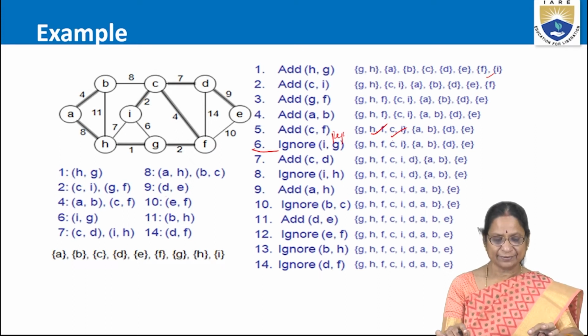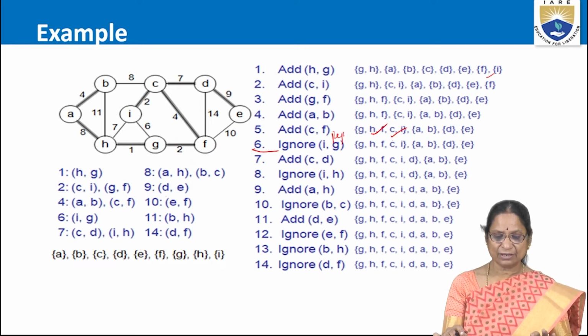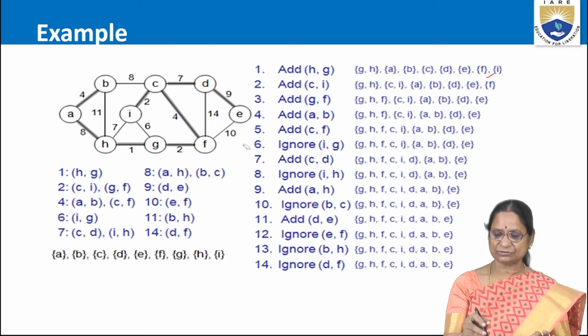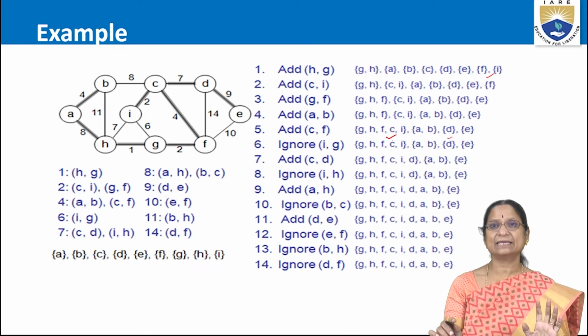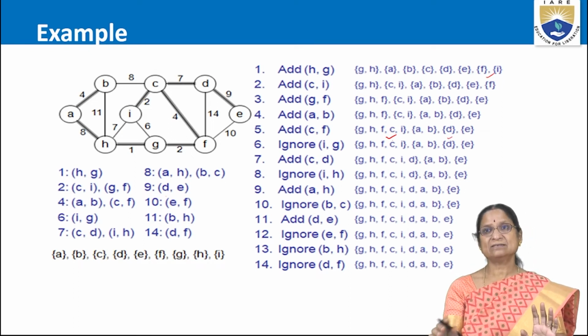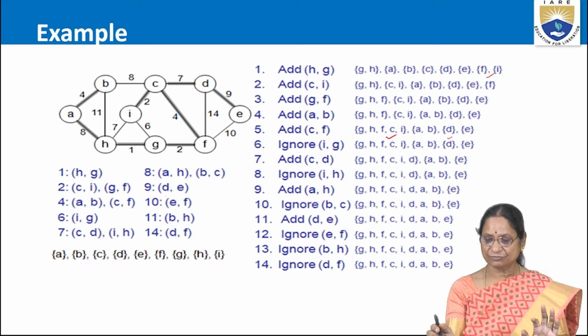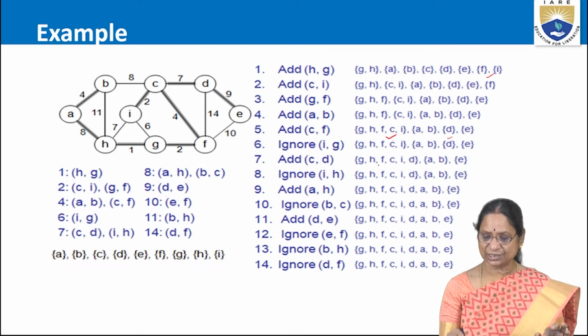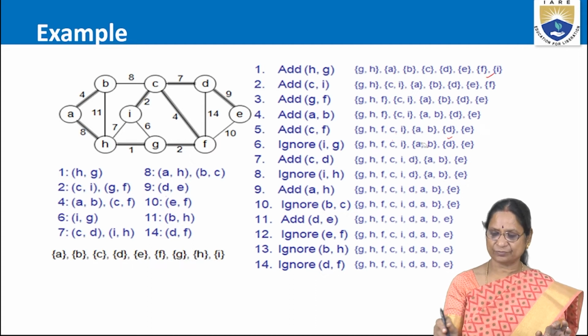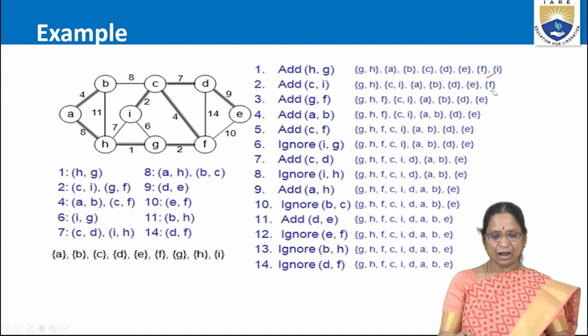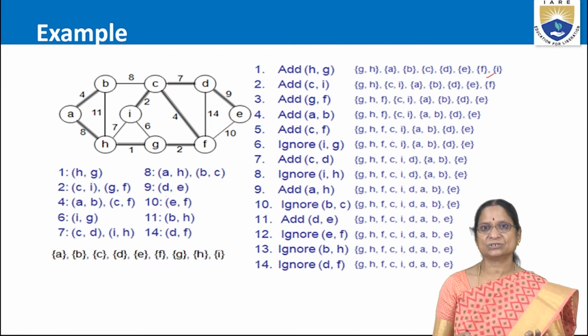Then adding CD. How to add CD here? C belongs to which set? C belongs to this set. D belongs to this set. I can add. Adding means you union. After the union of these two sets, I'll get G, H, F, C, I, D. AB will be there, E will be there now. Clear? After CD, I have to check IH.